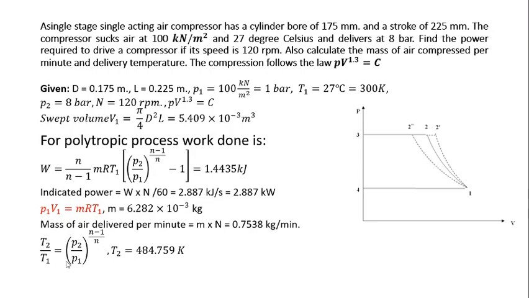Then again the temperature at point 2 or after the compression, for a polytropic process, the temperature ratio is equal to P2 by P1 raised to n minus 1 by n. From this equation, we will get T2 is equal to 484.759 Kelvin. Okay. This is the first problem.